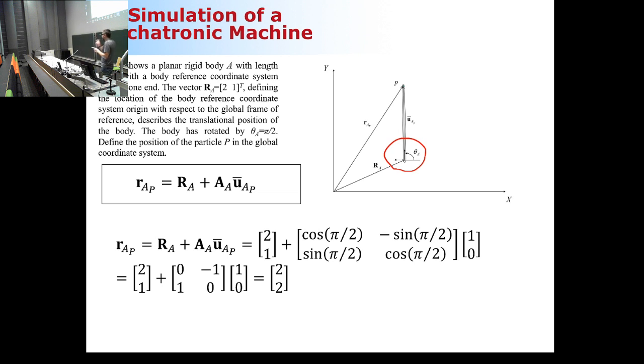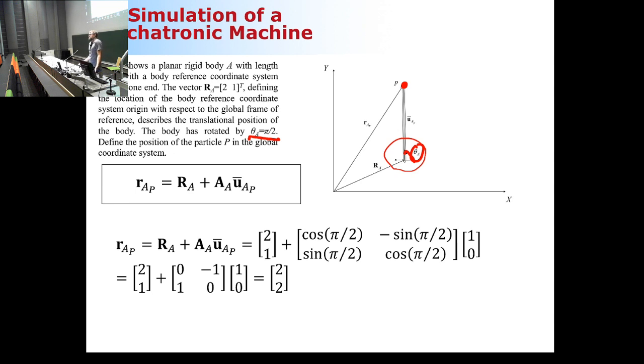Here is a case where the body reference coordinate system is located at one end of the beam-like body, and it is rotated by an amount theta, and theta is pi divided by 2, that's 90 degrees. I'm asking where the particle P is located with respect to the global coordinate system, and the particle P is at the other end of the beam-like body.